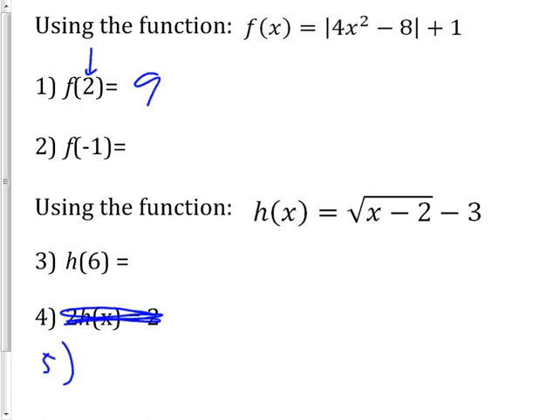Call it 7 H of X is equal to 35. 7 H of X. That's 35. That's problem number 4.